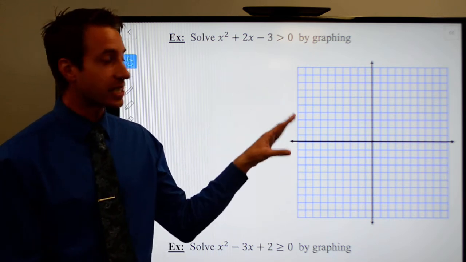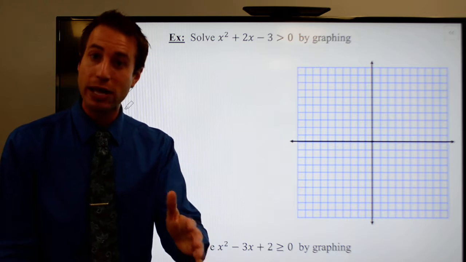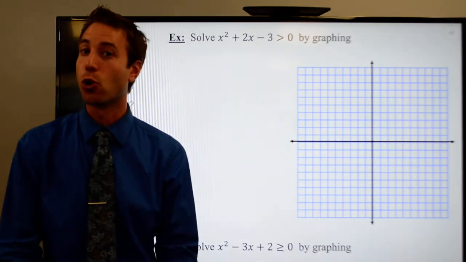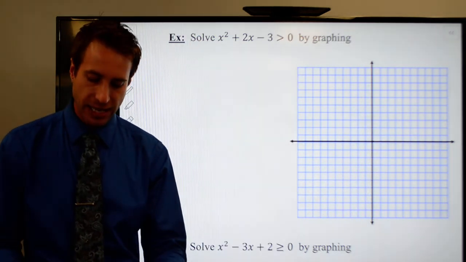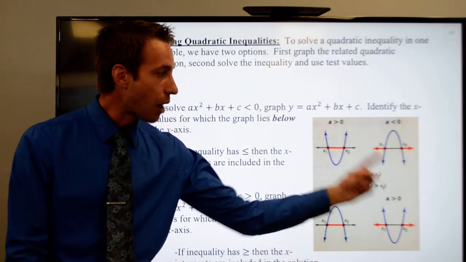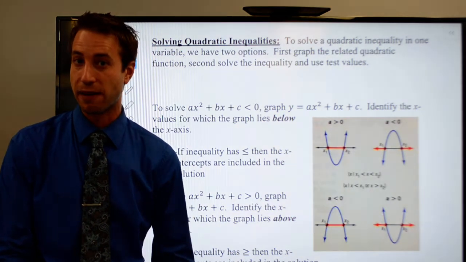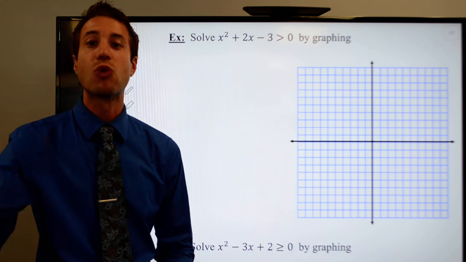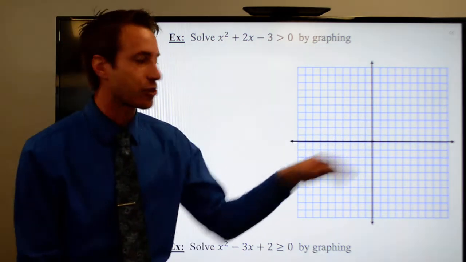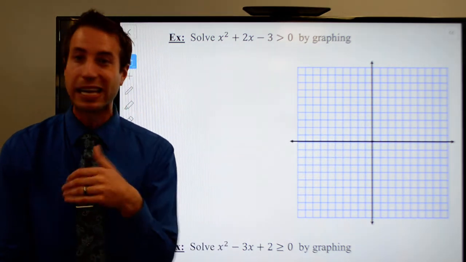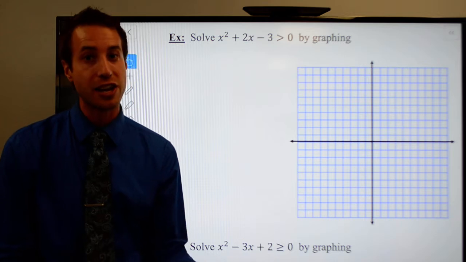For this first example problem, I will go ahead and graph it on the coordinate system for you, because I do want you to see how it relates to our textbook definition. But for the rest of the problems, I'm not going to graph on a coordinate plane. We'll only need a number line.